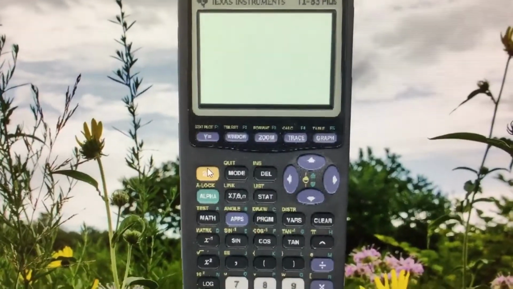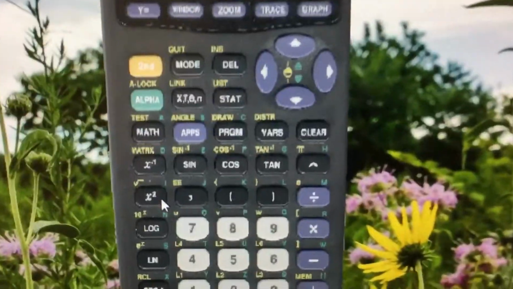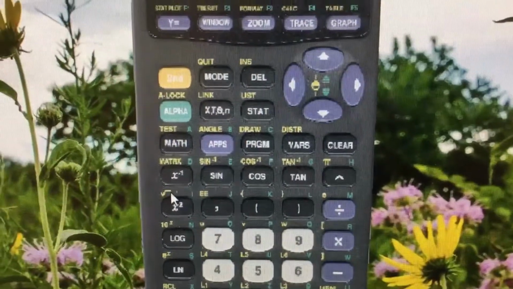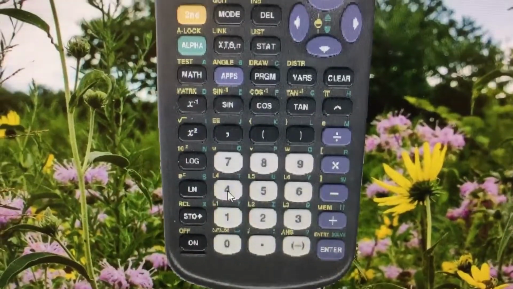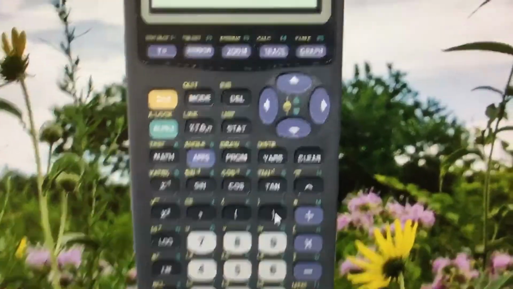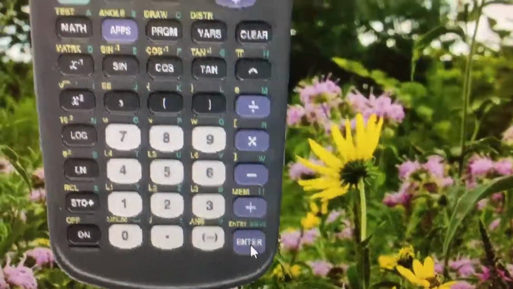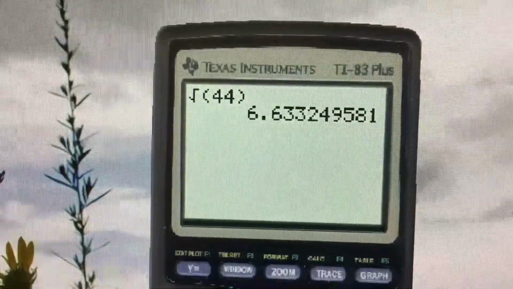Now I'm going to do 2nd and x squared. Notice that's the square root symbol. Then I'm just going to type in 44, close my parentheses so it looks like that, and push the enter key. And there's the square root of 44.